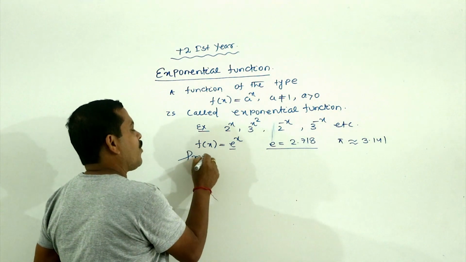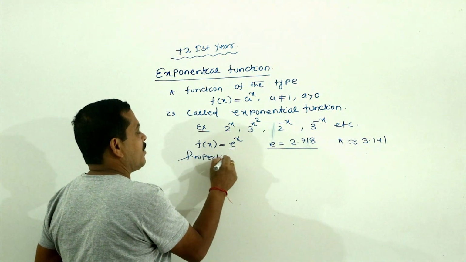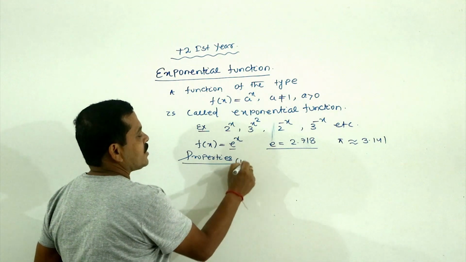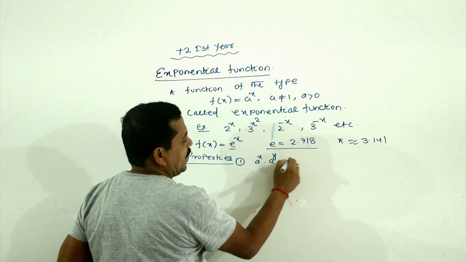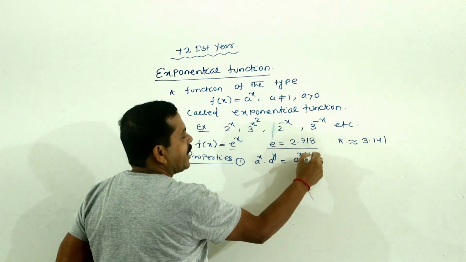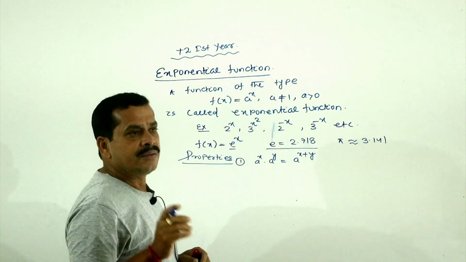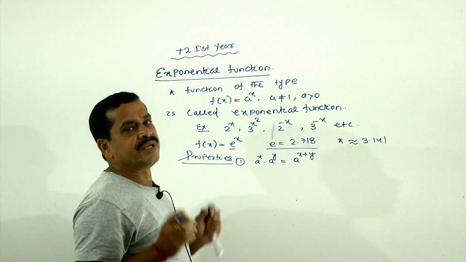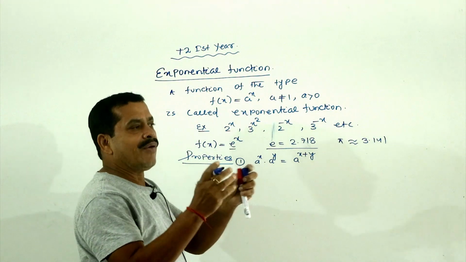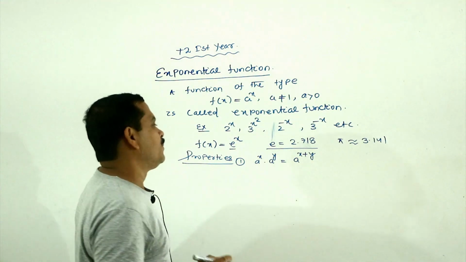Properties. Some fundamental properties you have to remember. First, a to the power x into a to the power y equals a to the power x plus y. Everyone knows that when we multiply two exponential functions, the powers will be added together.